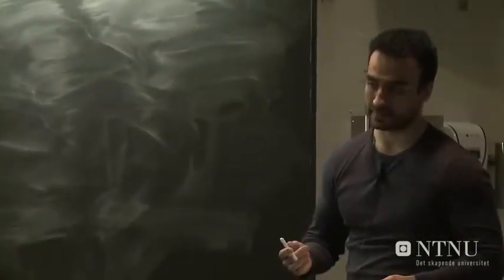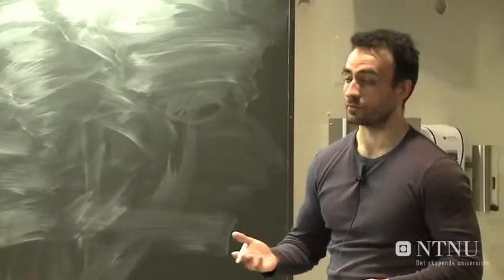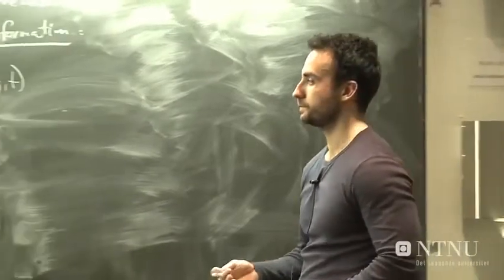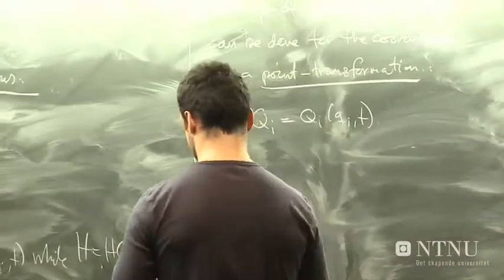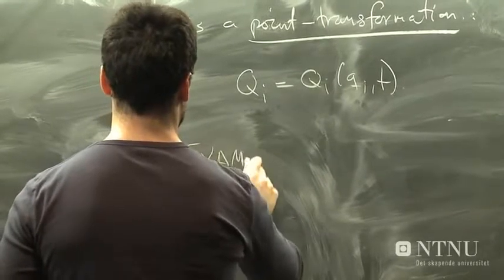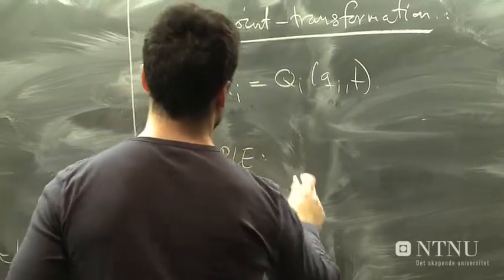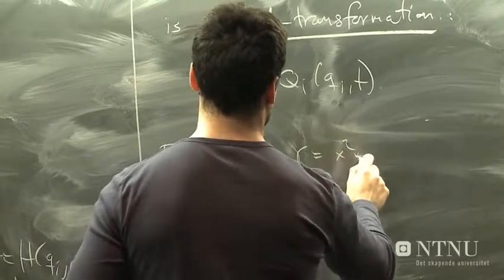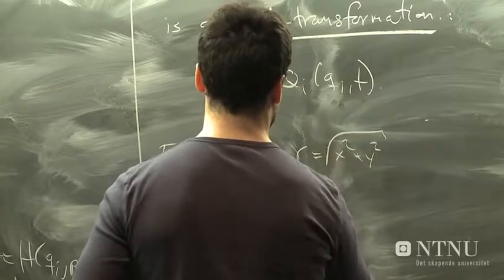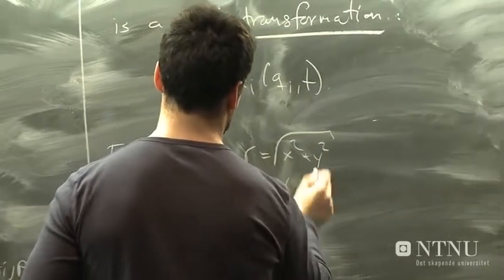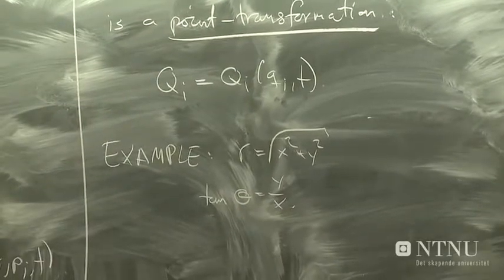Another example is going from Cartesian to polar coordinates. So we have, in that case, something like this.